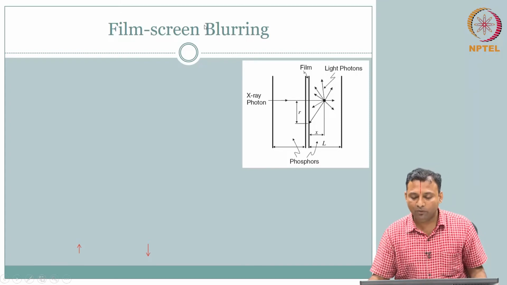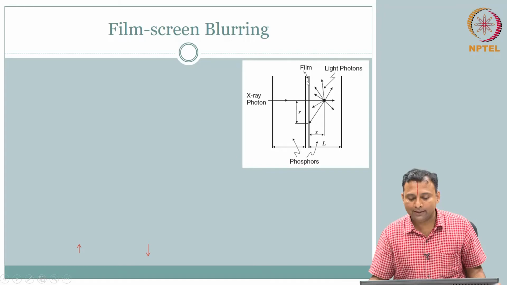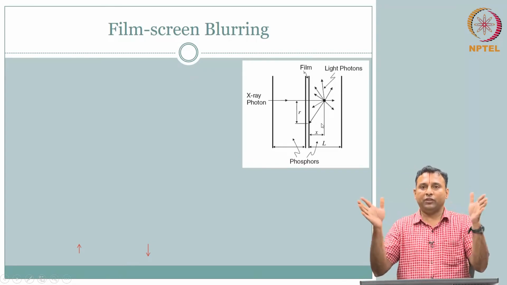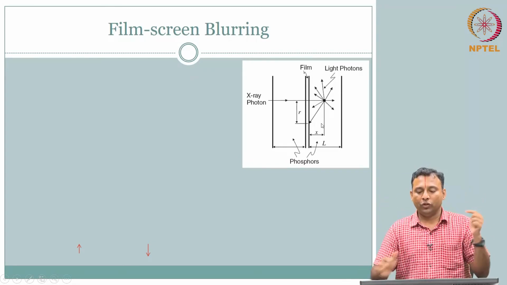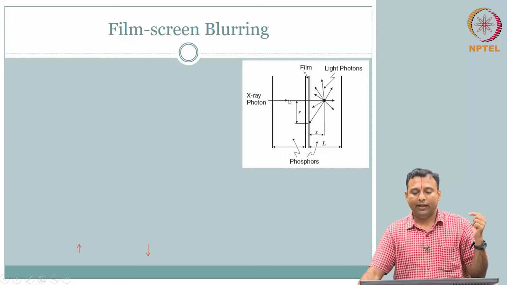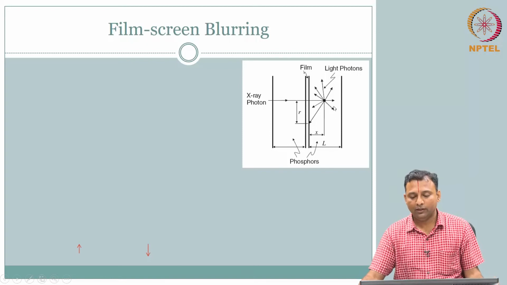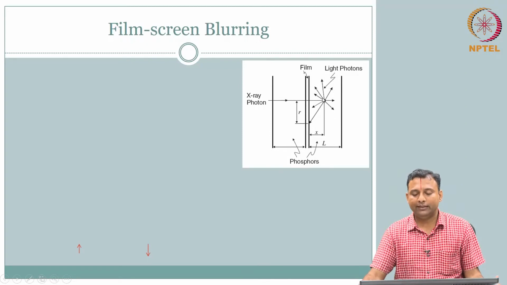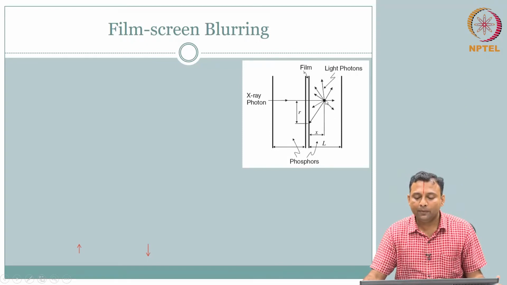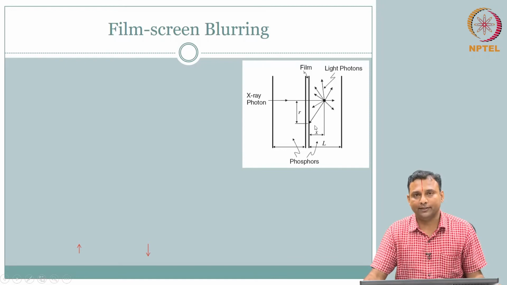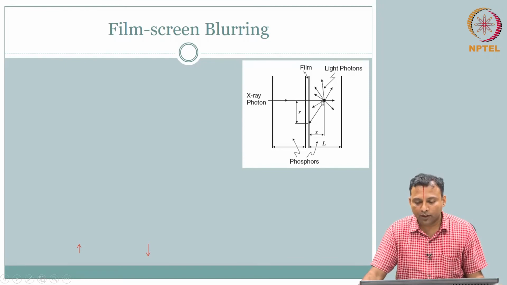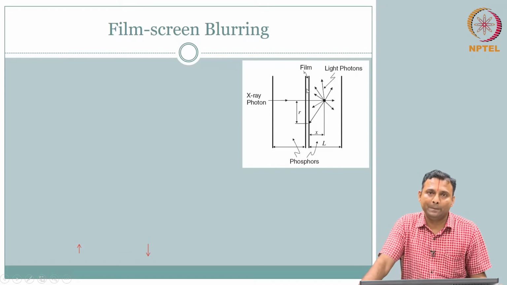In the film screen, what we talked about is, you had an X-ray film and on both sides you had phosphor. Remember the cassette packing. The X-ray photon comes and generates light photons. So one X-ray photon interacts, creating several light photons, and these light photons go and hit the film.